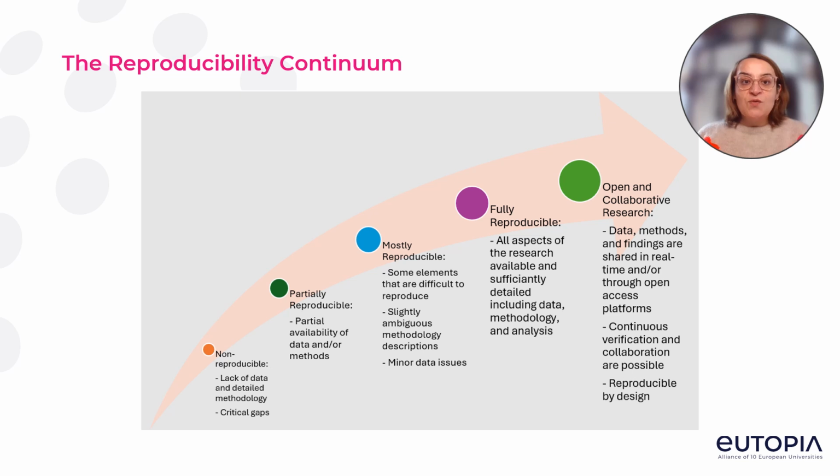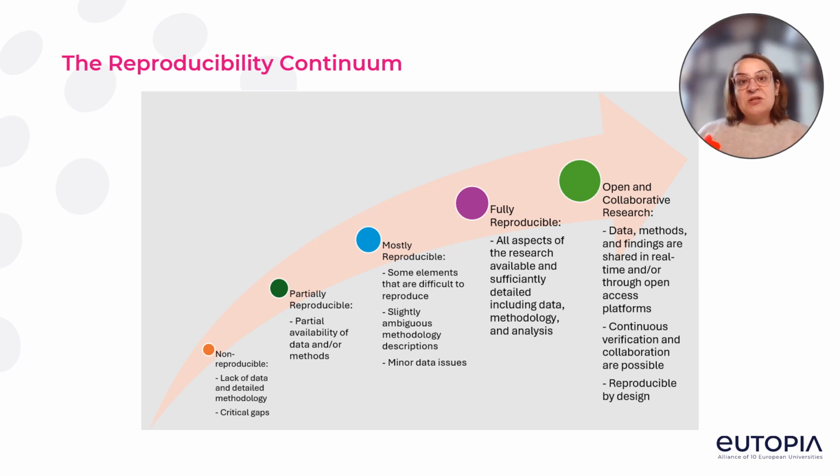Moving research towards the more reproducible end of the spectrum is a goal for many scientific fields, as it enhances the reliability and trustworthiness of scientific findings. And here on screen, you can see the general stages along this continuum.